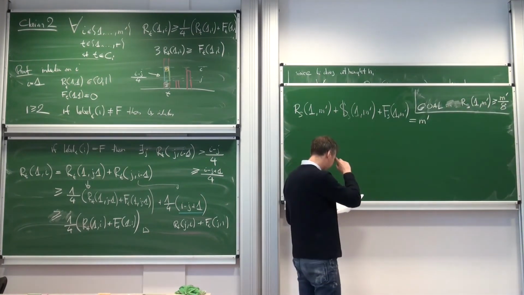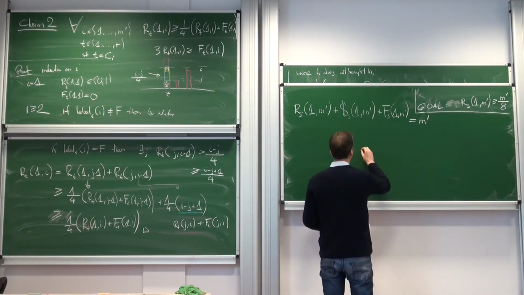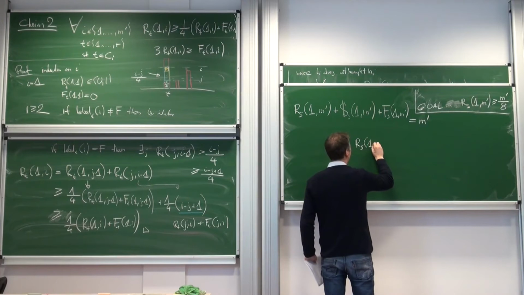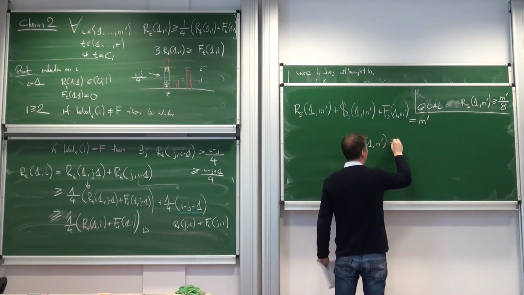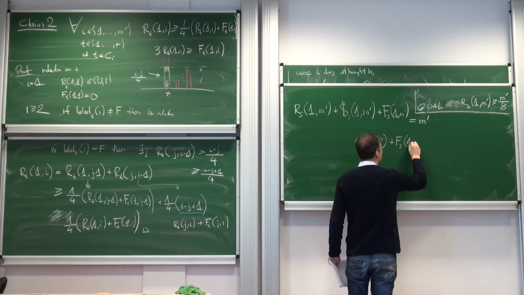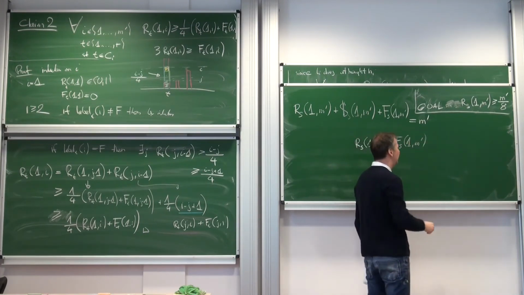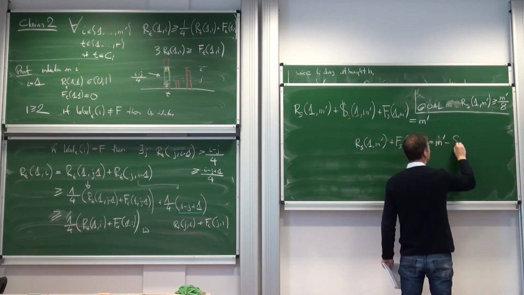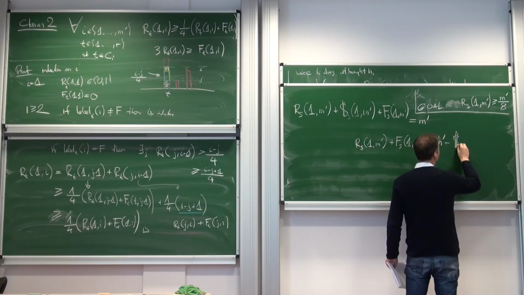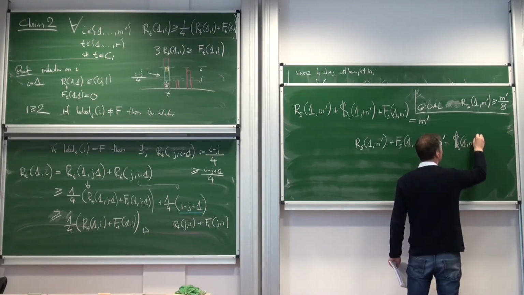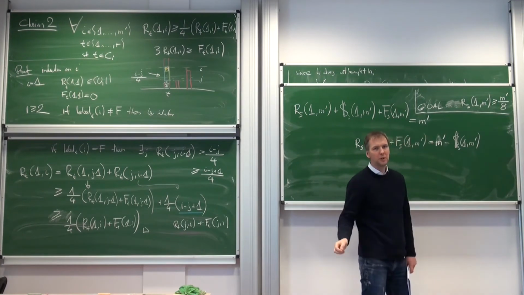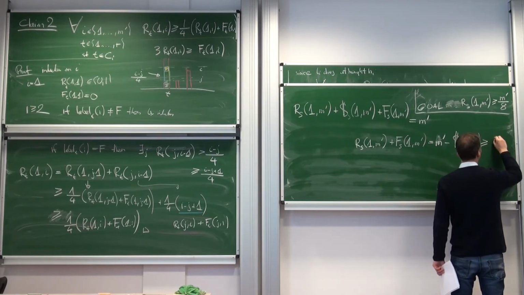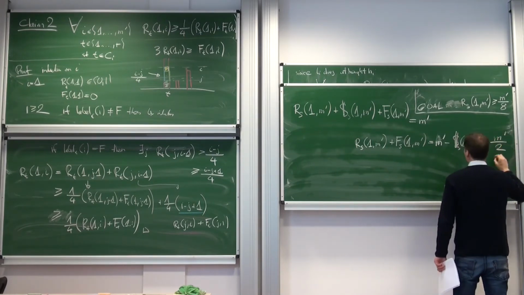But now, if we just look at the r's and the f's, yeah, then this is n prime minus the number of dollars. But the number of dollars is upper bounded by half of the size, which means that this is lower bounded by n prime over 2.